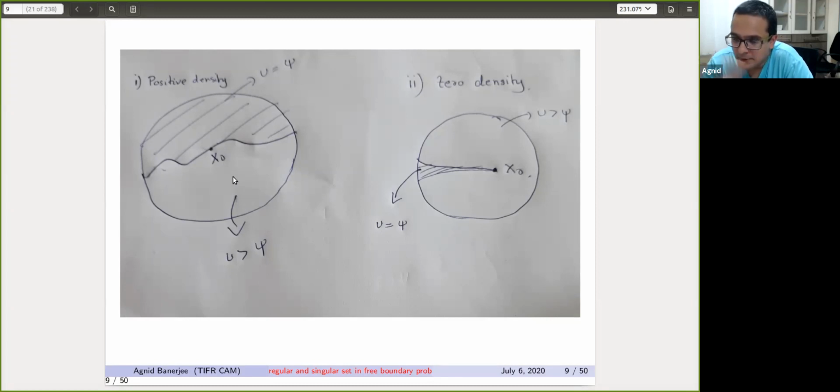If you apply the chain rule, the second derivative of v_r would be, because the r squared and r squared cancel, the second derivative of v at rx. So as r goes to 0, this v_r goes to some v naught, which becomes convex. So the blow-up limits are convex.